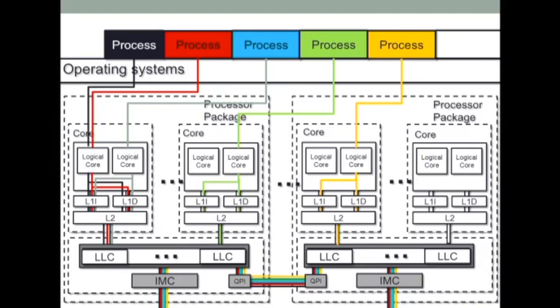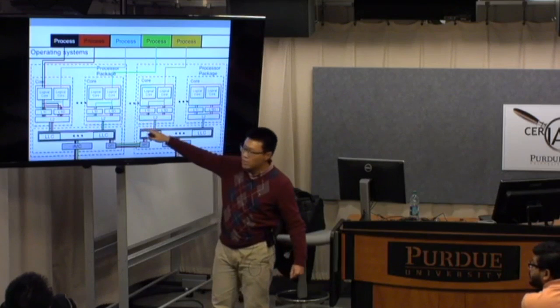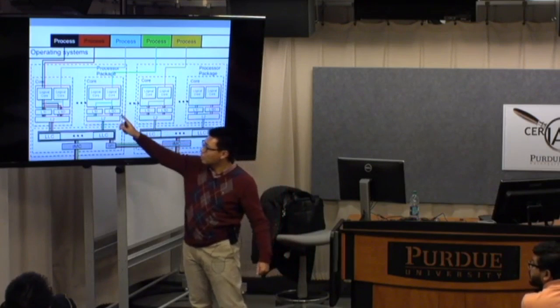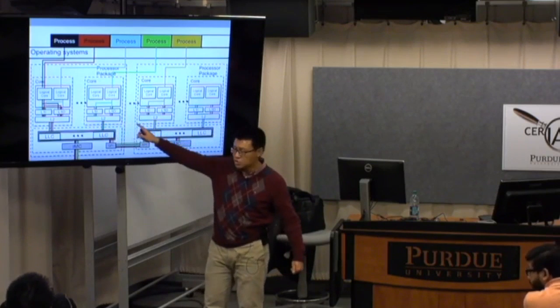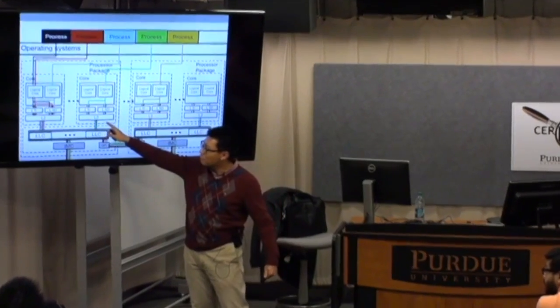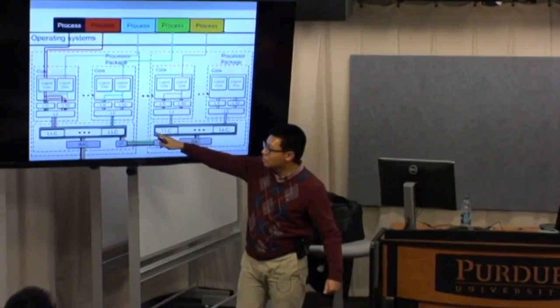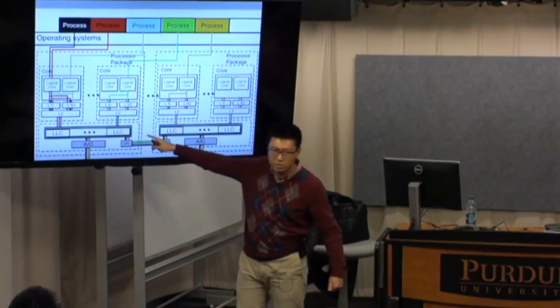Attached to each core is a set of caches, particularly the L1 instruction cache, L1 data cache, and L2 cache, and those cores are connected to a single last level cache, or LLC.